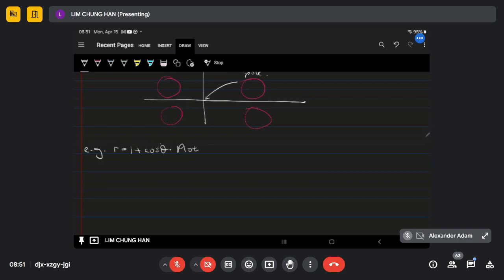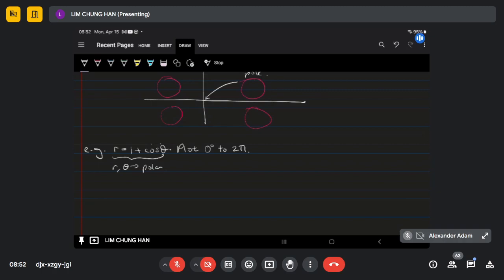I want you to plot this equation, this function, from 0 to 2 pi. Okay, so it has r, it has theta, therefore it's polar. It's polar. I want you to plot from 0 to 2 pi. How do you plot it?